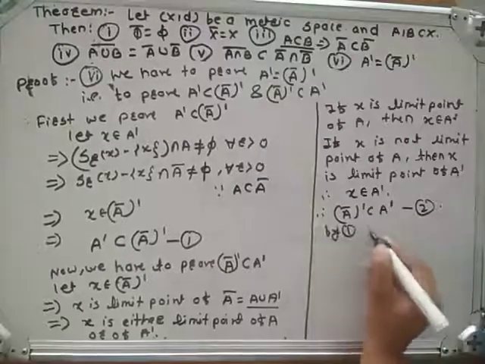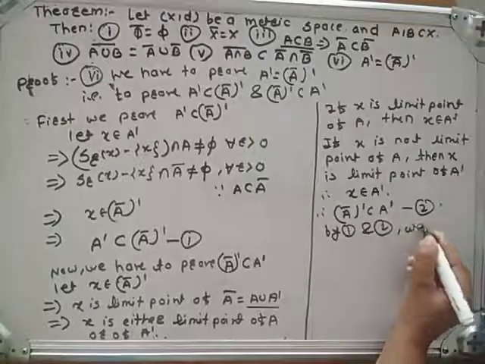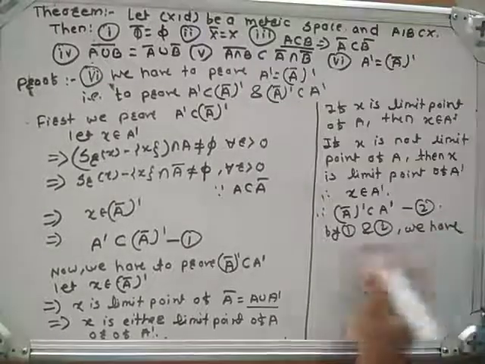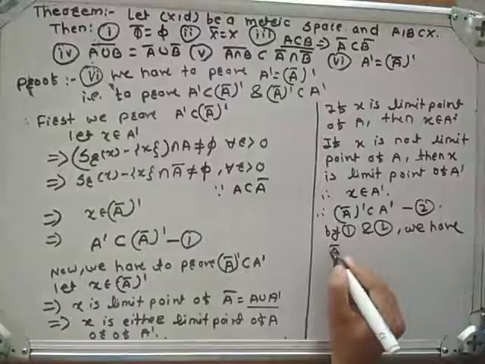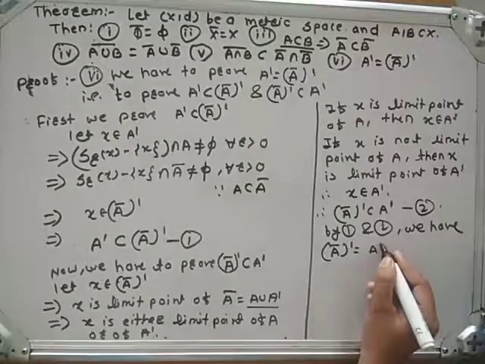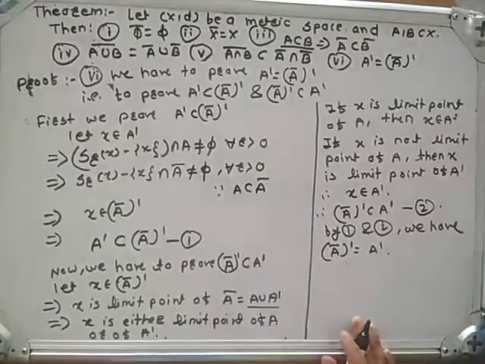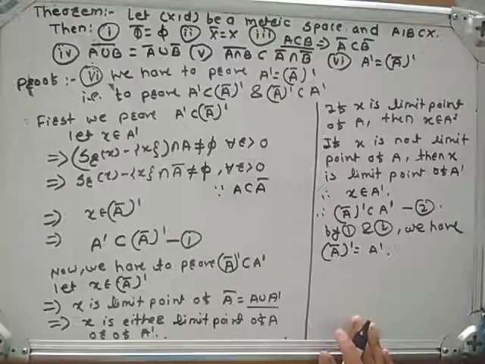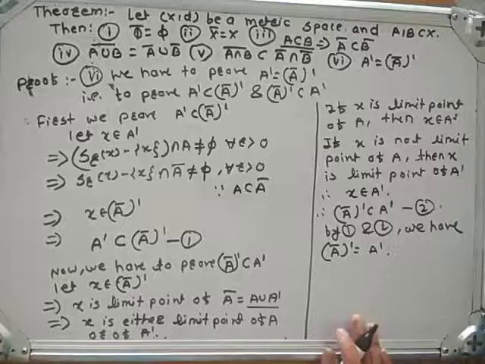By 1 and 2 we have limit points of A closure is equal to limit points of A. Hence, the proof of part 6 is complete.